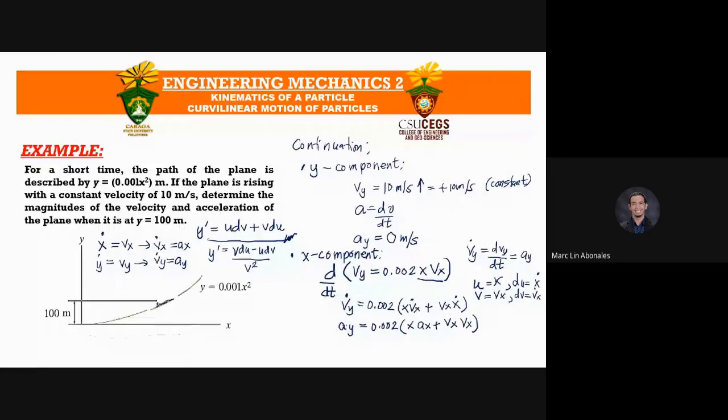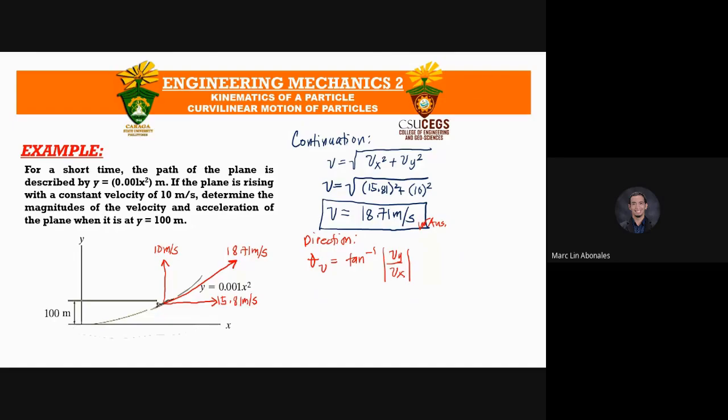Okay, so what we are looking for is the x component of acceleration, which is the Ax. The Ay is 0, as we found earlier. The value of x is 316.23. Vx, from the previous solution, is 15.81.